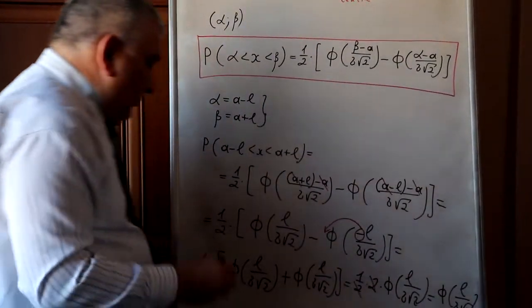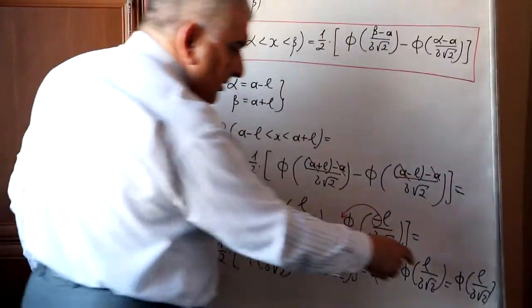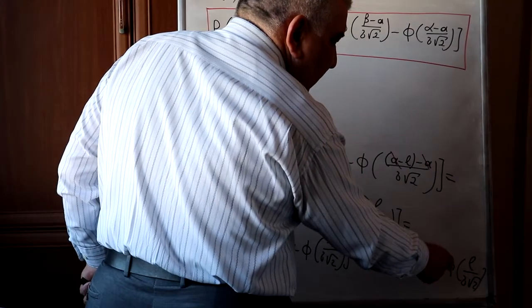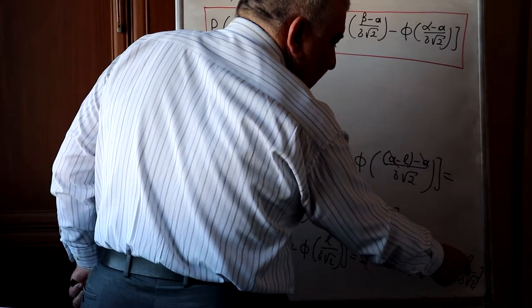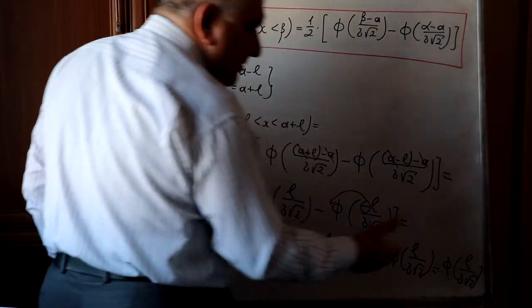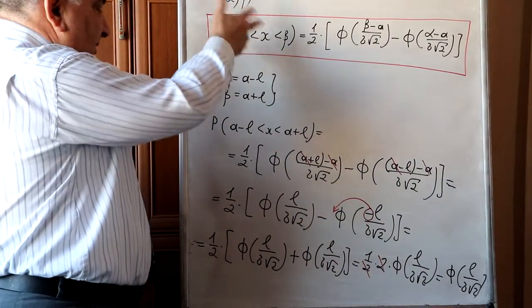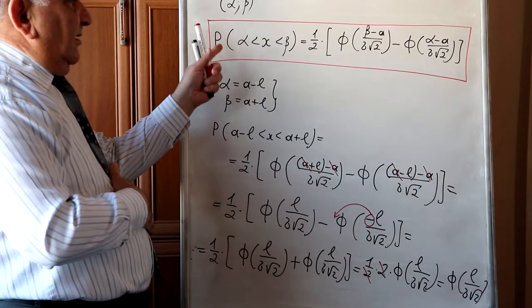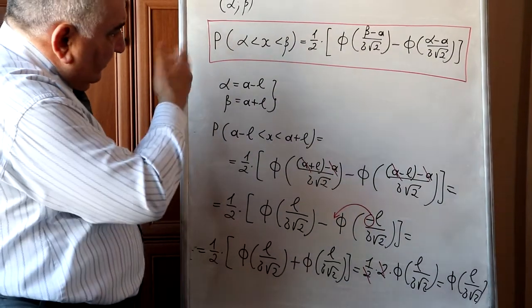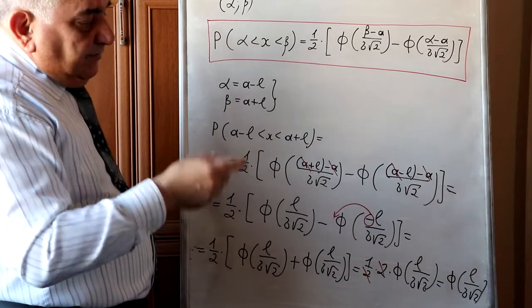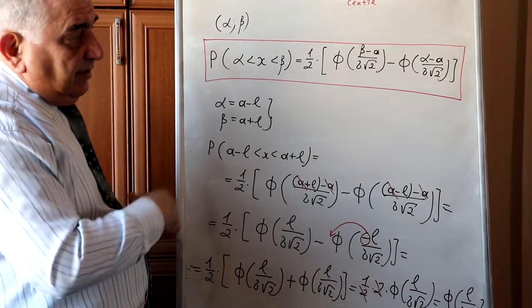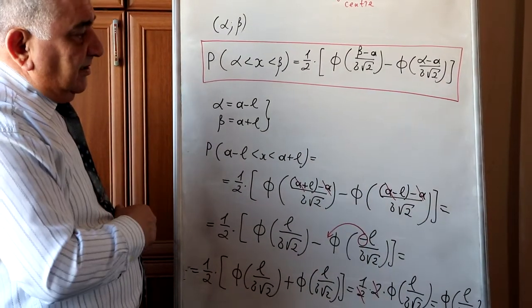You see that here in this formula, in the argument of the error integral, the parameter A is absent. And it means that the considered probability doesn't depend on A, doesn't depend on symmetry center.